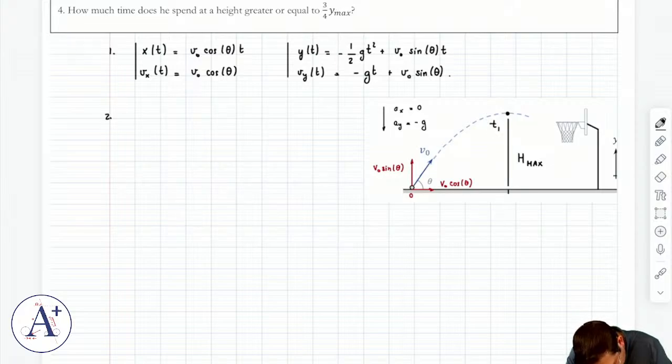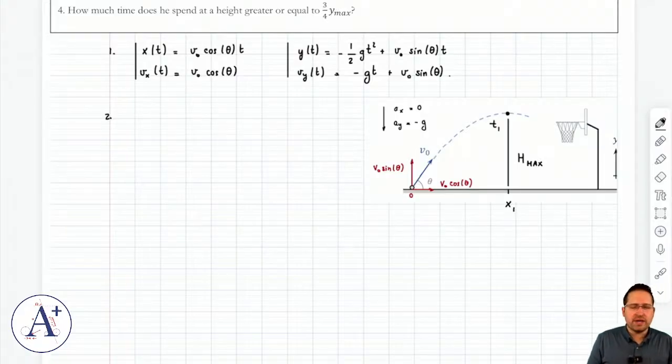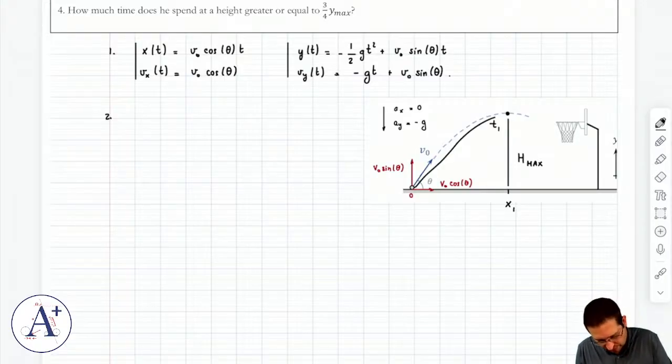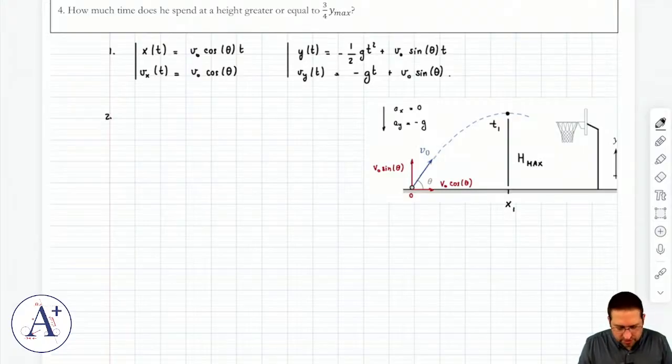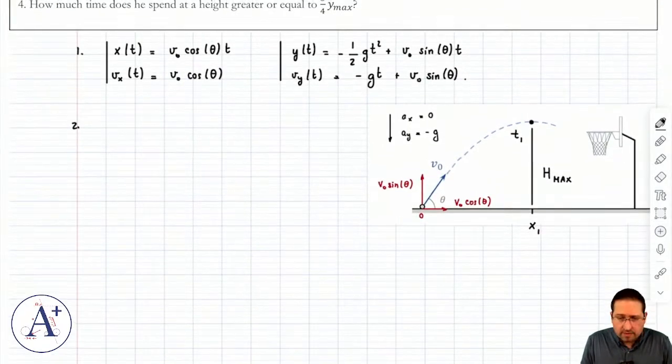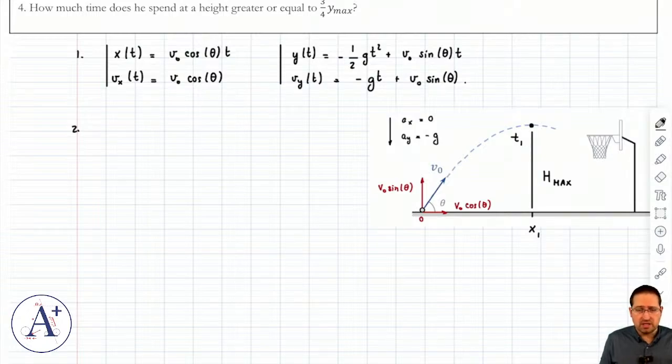And then x is going to be x1. I could call it x max, but that's confusing because it does mean, of course, x associated with the max height, but when you read x max, then you might think it's the greatest value reached along x, and that's not true, right? Because he's going to land somewhere here. So I'll just call it x1 to go with t1. Now, what I have to remember is that I have all the equations that I need.